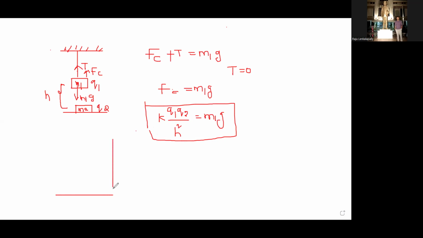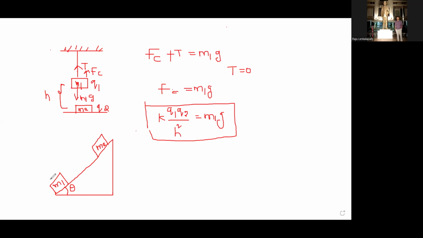Next, the second application is an inclination. This is one inclined body, and this is the angle theta. Here I have placed one charge that is fixed, having mass m1. Here it is on that body m2.